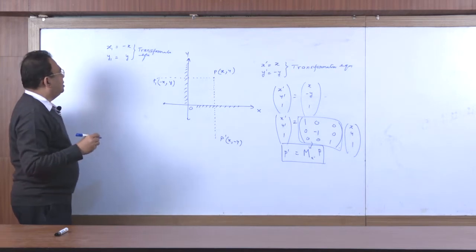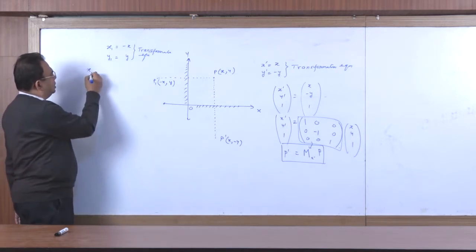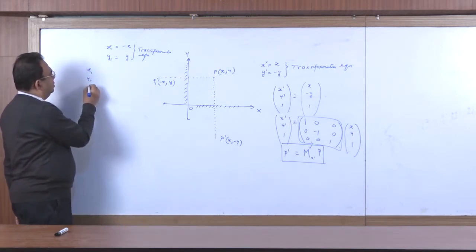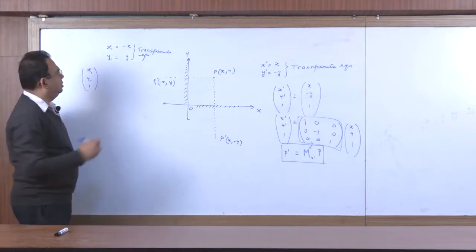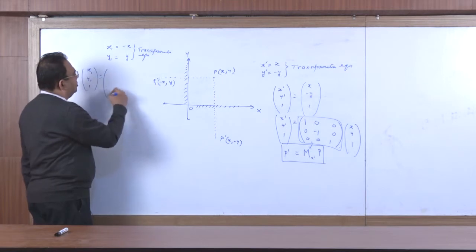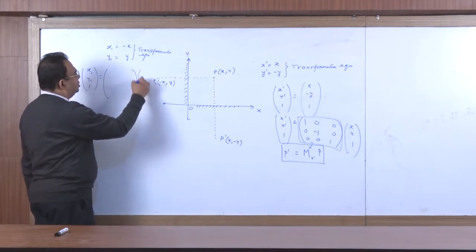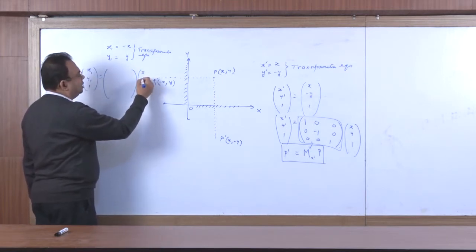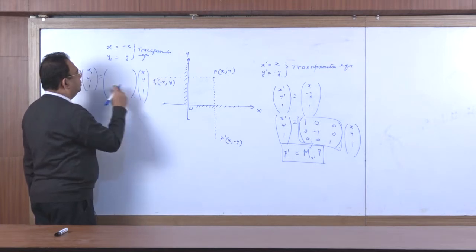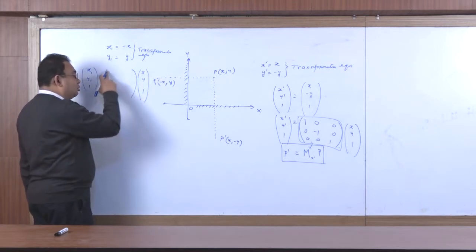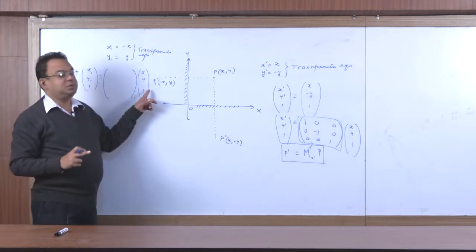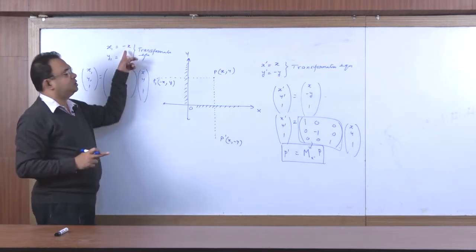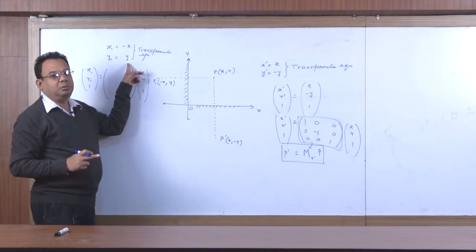Again, we can write in the matrix form x1, y1, 1, this is the coordinate for P1, as some matrix operator operated on the initial object point x, y, 1. So, what will be this operator, so that if it is operated on this object point, then these transformation equations will be obtained?